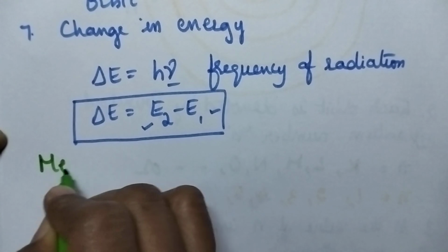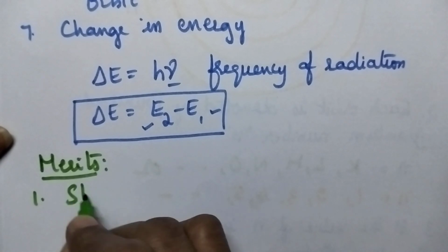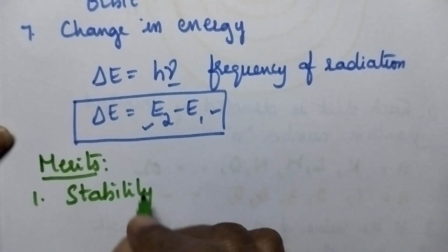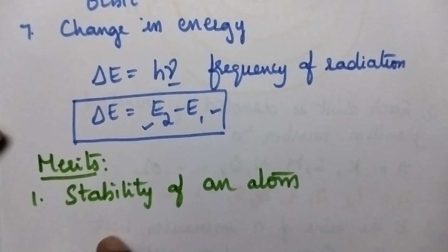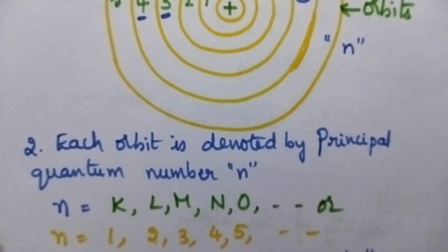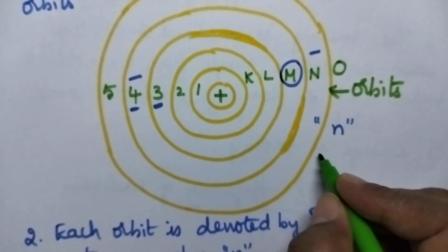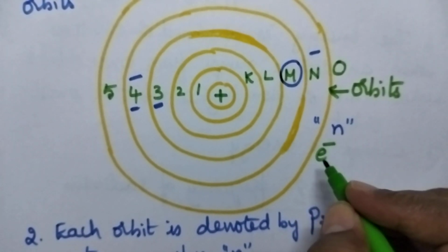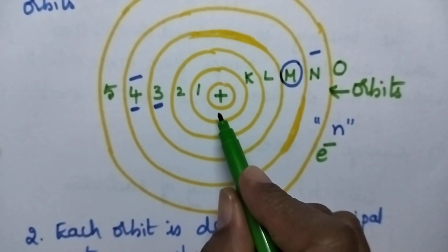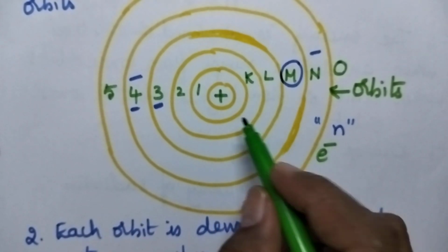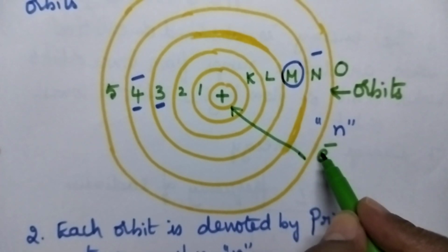Coming to the merits of Bohr's atomic theory, it beautifully explains the stability of an atom. So, once again, if we consider the structure of an atom, here the electrons are revolving around the nucleus in circular paths. Whenever a negatively charged particle is revolving around the positively charged nucleus, there will be some force of attraction between the nucleus and the electrons.